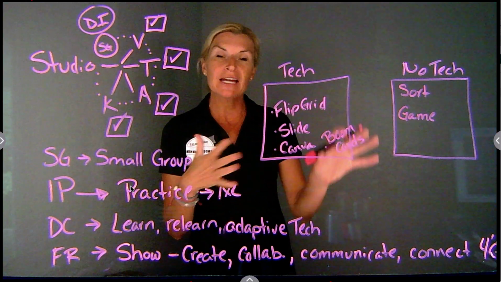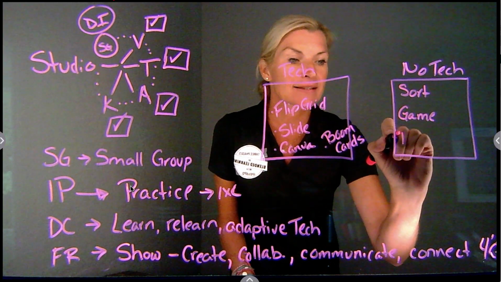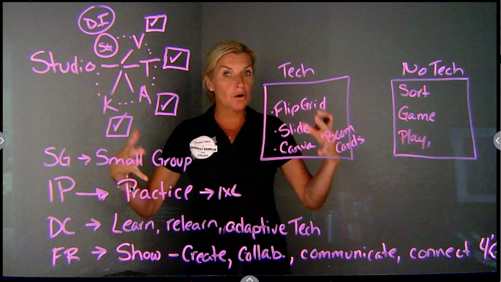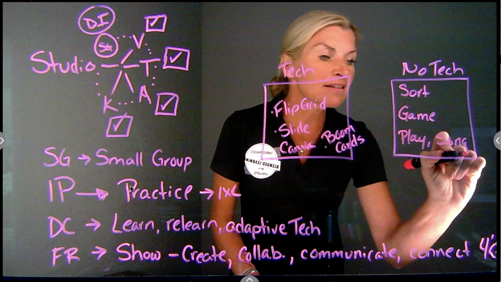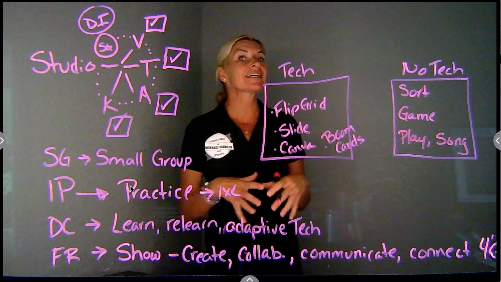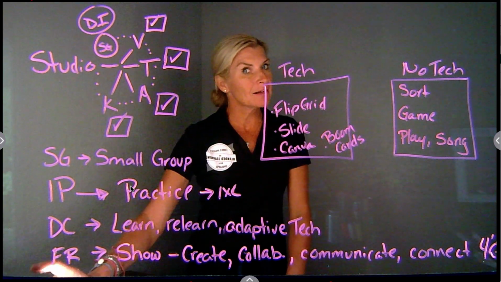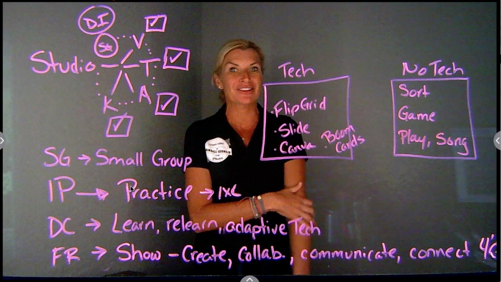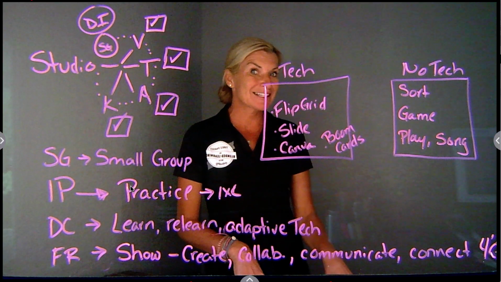So any type of a game, any type of a sort, anything like a play, a skit, where the kids can actually physically show their understanding, or a song. These things are all no-tech ideas that the kids can still showcase their information. So I can use technology in Future Ready. You just have to watch that balance. And if you've seen anything out there recently, I always say find the balance between no tech and too much tech.